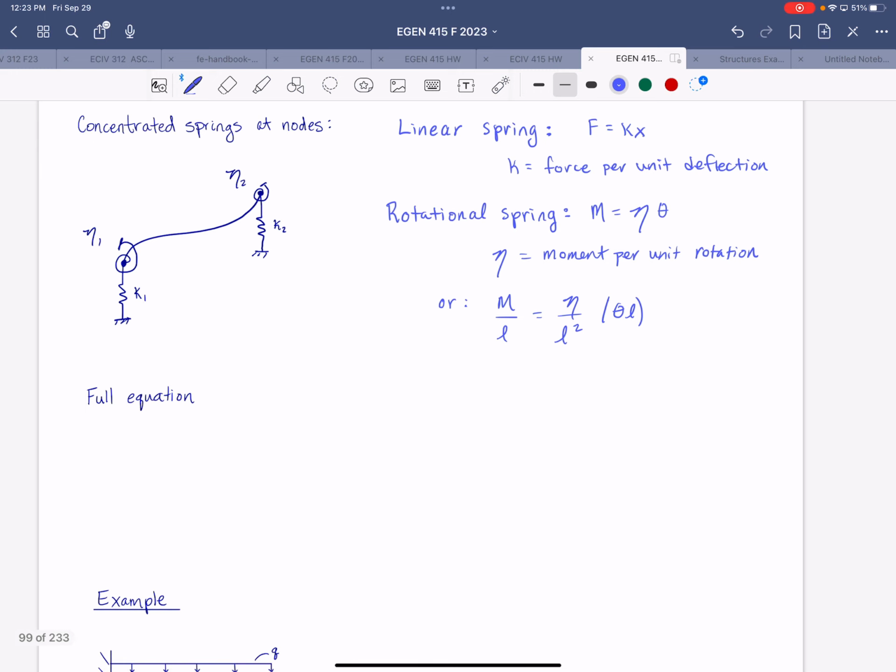Now in the full equation for a single element, it would look like this: EI over L cubed, and this is going to be a 4x4 matrix. Referring to this sketch up here, where every node has a linear spring and a rotational spring, just think of them as potential spring locations.